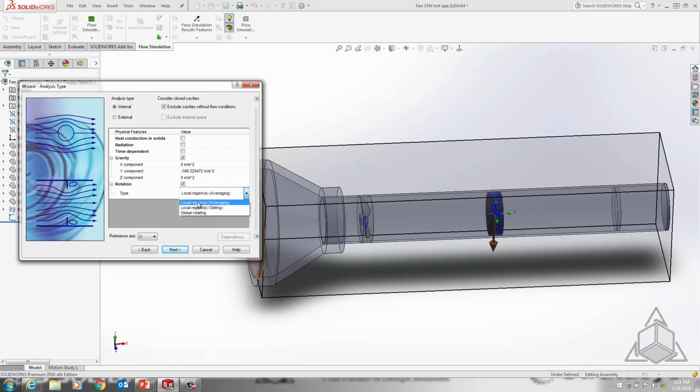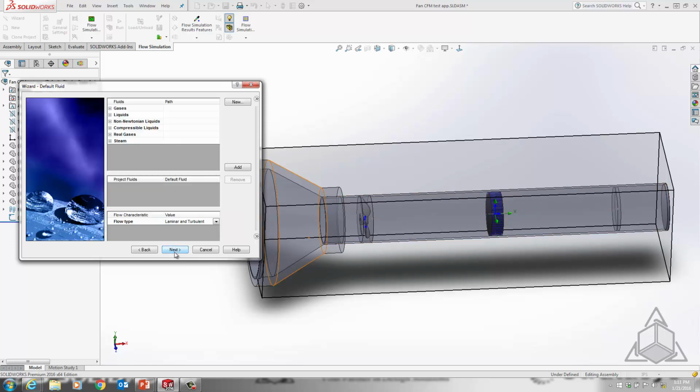In this case, we are just going to use local region averaging, which seems to give pretty good results. It averages how it rotates, based on the geometric shape of the blades, and we've gotten very good results in terms of how the air comes out of the rotating blade, any turbulent or non-uniform flow, and how it turns uniform through that straightener.